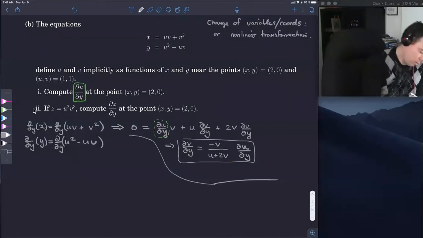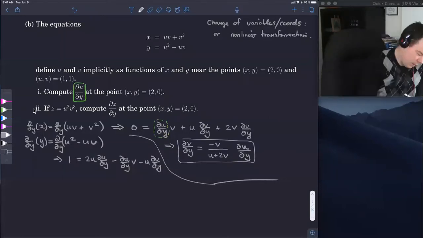Okay, we can do the same thing for this next one. dy is 1. This is going to be 2u du dy minus the derivative of the first, du dy, times the second, minus the first times the derivative of the second.